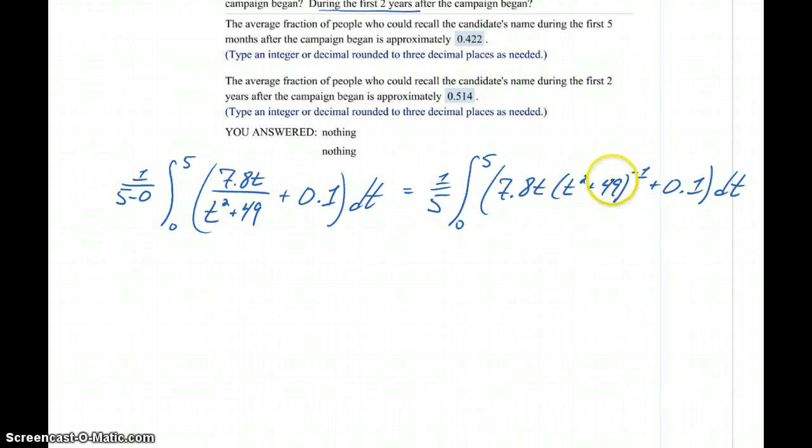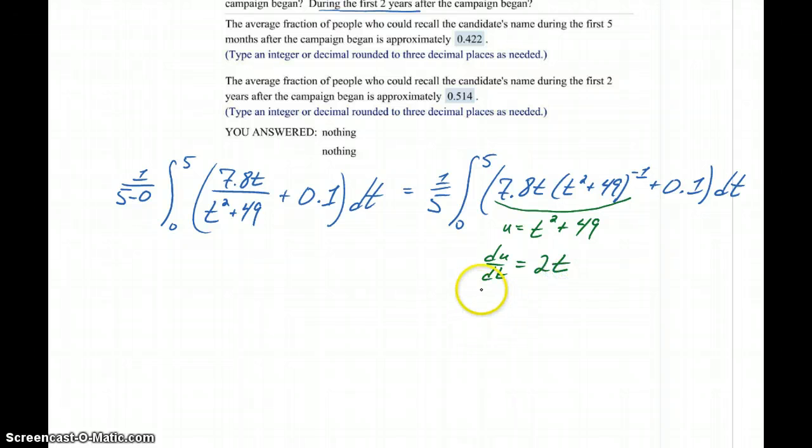So in this case, t squared plus 49 is that interior function. So this first term we'll need to integrate by substitution. 0.1 is going to be a simple integral, so that won't be much to take care of. But here we can let u equal t squared plus 49, which means du over dt will equal 2t.